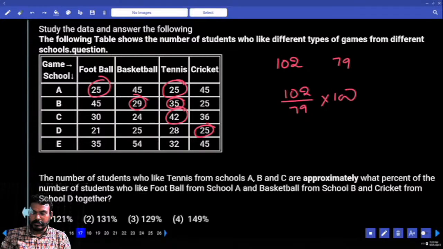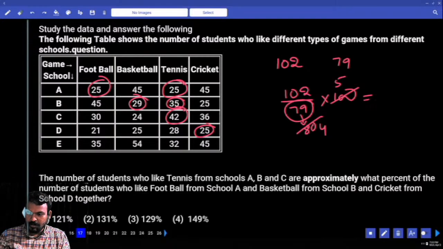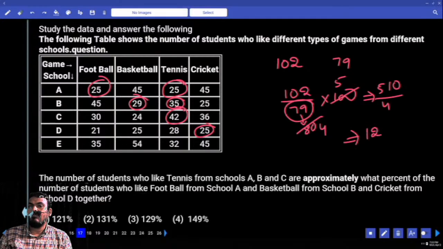We required approximate value or exact value? Approximate. 79 means I consider 80. 20 how many times? 4. 20 how many times? 5. 5 into 102, 510 divide by 4. 4 12 how much? 48.